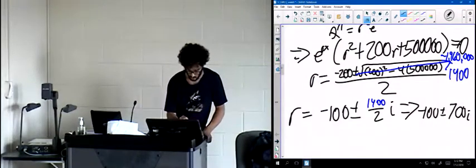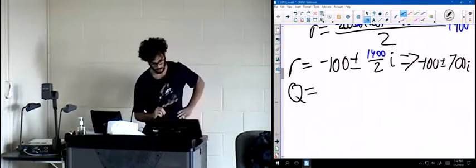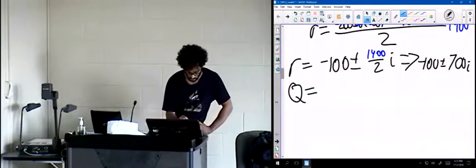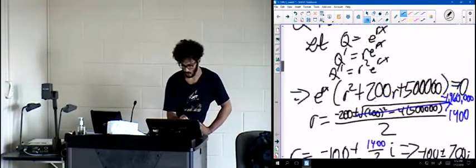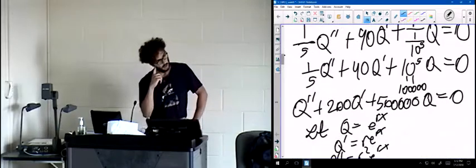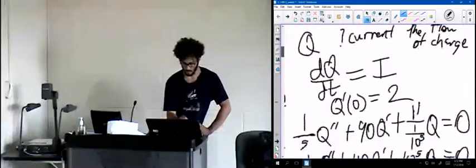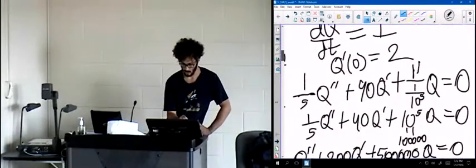Now, we can write our general solution. I should say the complementary solution, now that you all know what that is. But in this case, it's really the general solution because our impressed voltage is not changing with time. It's staying zero.